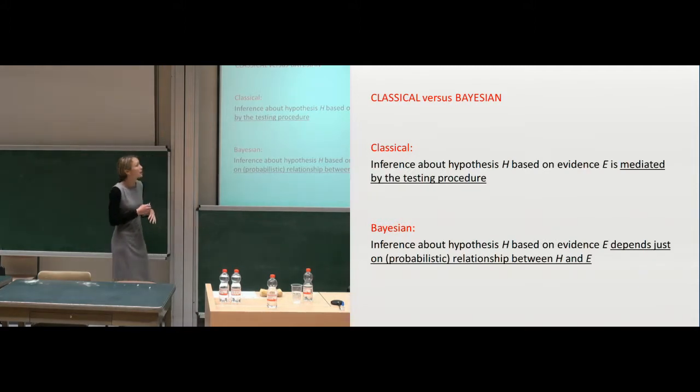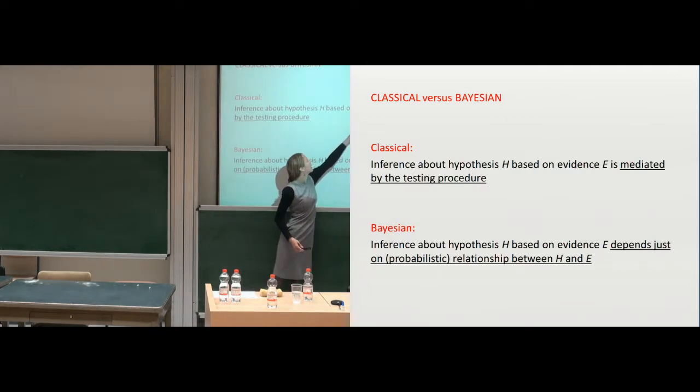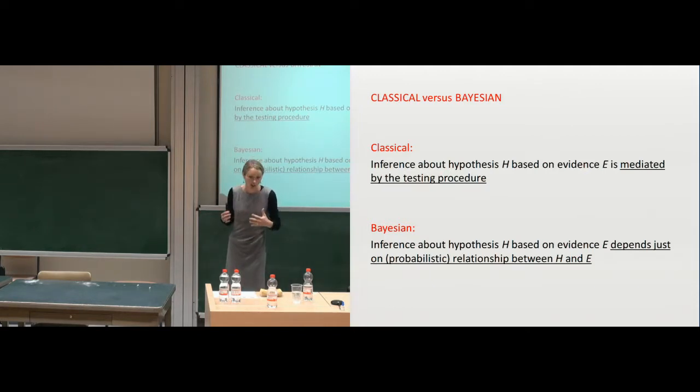So basically, I think the best way to put the distinction is as follows. For the classical or frequentist statistician, inference about hypotheses H based on evidence E is mediated by the testing procedure. It's the testing procedure that, combined with the evidence, tells you how much you should think that H has been confirmed, or what your rising confidence in H is.